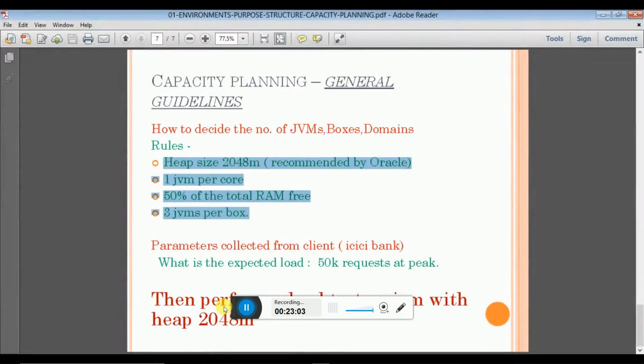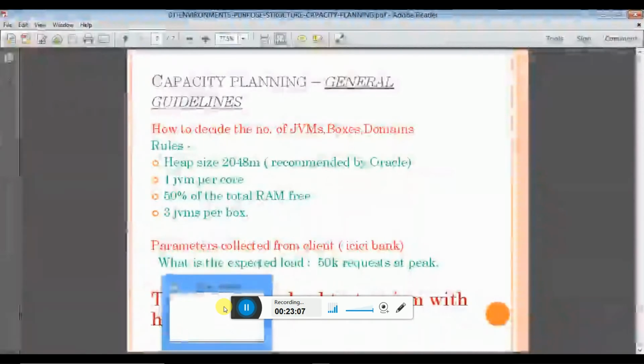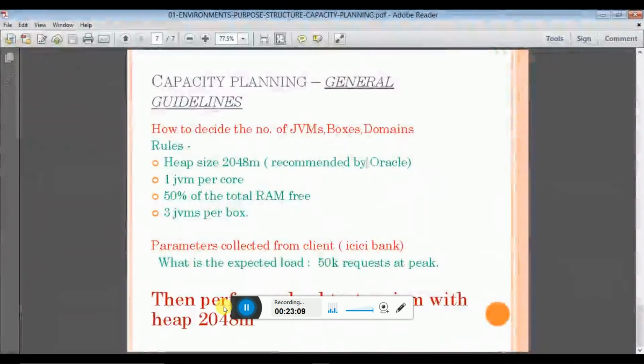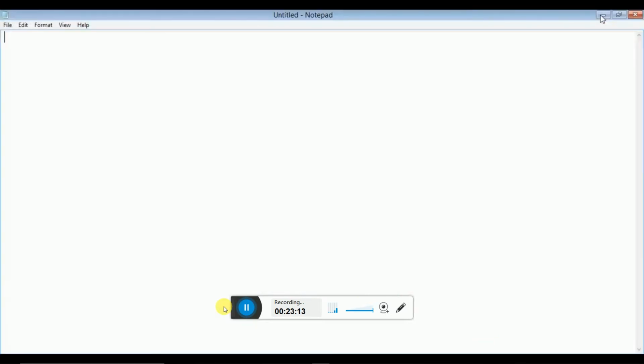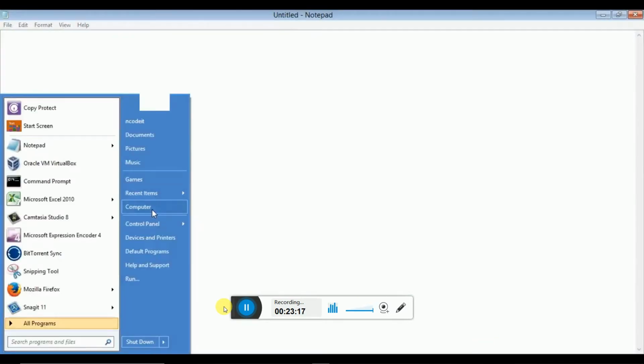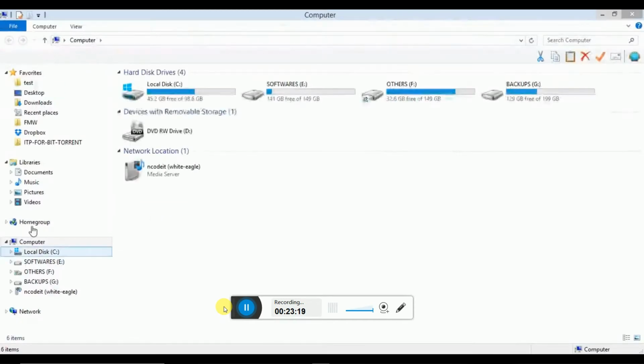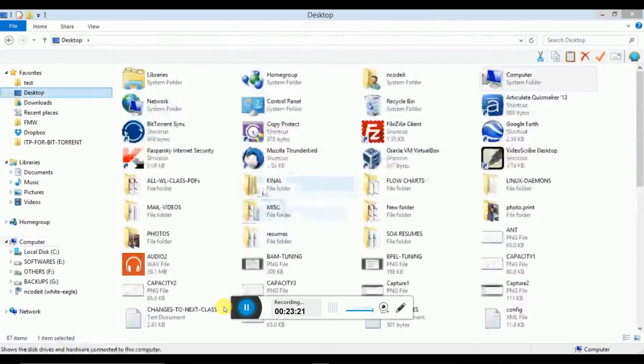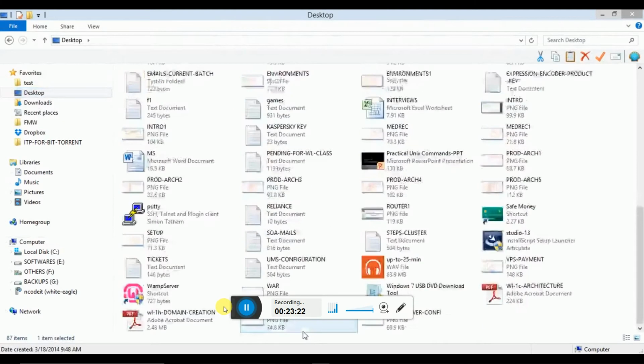Now, about our calculation of the number: we said we are using 105 JVMs, but how did you decide you need 105 JVMs? There should be some calculation. As you said, we nicely said we are using 105 JVMs. So who decided you will require 105 JVMs? Somebody has to decide, isn't it?